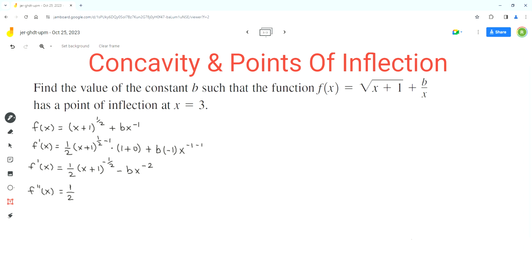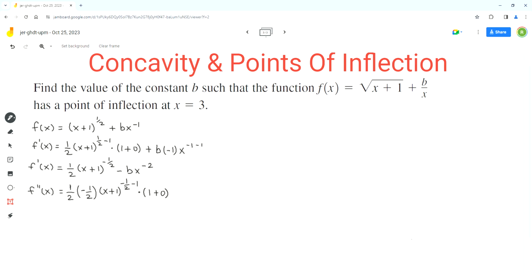So we'll start with the derivative of the outer function. We'll move the exponent to the front and subtract 1 from the exponent, times the derivative of the inner function, which is x plus 1. So its derivative will be 1 plus 0.